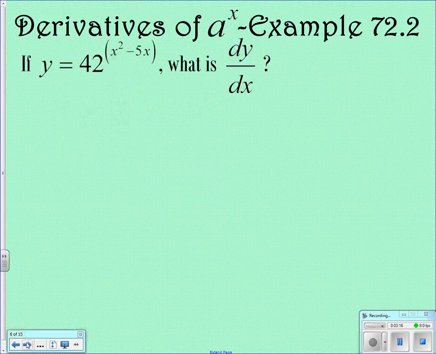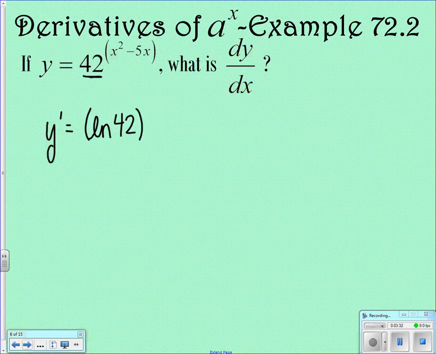We want to find the derivative of our function y equals 42 to the x squared minus 5x. So this one again, we're going to use our formula. The derivative is going to be the ln of our 42, and then times 42 to the x squared minus 5x.